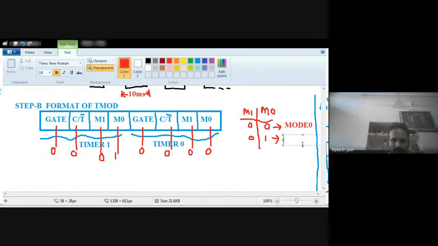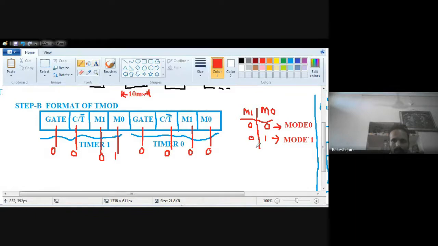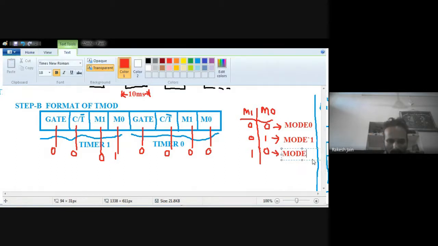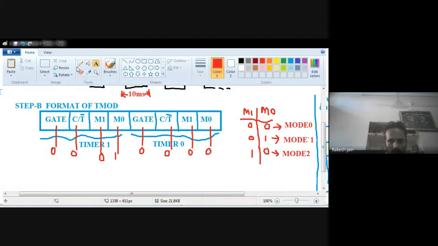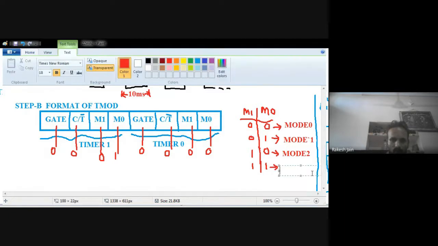That is also known as 16-bit timer mode. Then the next mode is when M1 is 1 and M0 is 0. That is known as mode 2, the 8-bit auto reload mode, in which the maximum count is 2 raised to the power 8, that is 256. And 1, 1 is known as mode 3. That is also known as split timer mode.